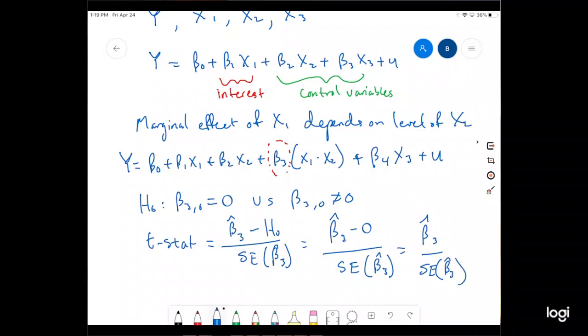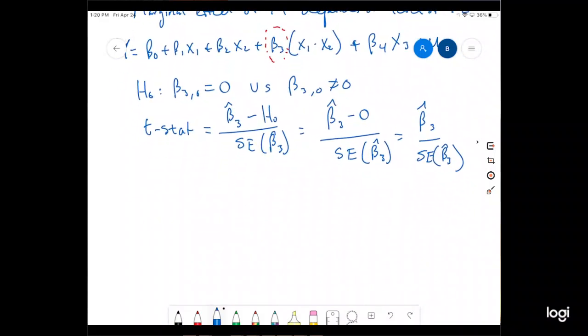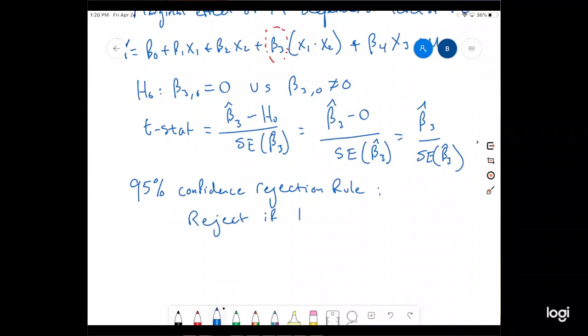So those all come out in your regression output, and you can just determine whether or not you can reject the null straight from the regression output. What's our rejection rule for a t-stat? 95% confidence rejection rule. Reject if the absolute value of the t-stat is greater than 1.96.